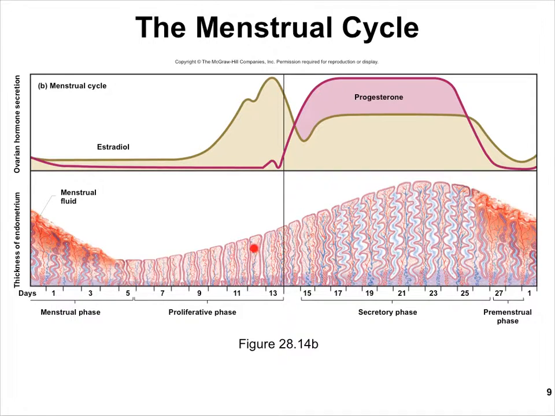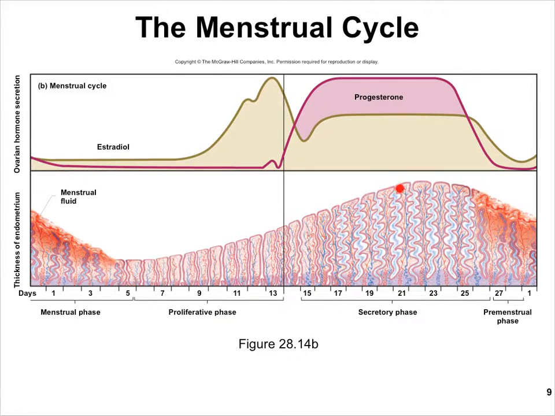The thickening during the proliferative phase is caused by cells undergoing mitosis. These are a bunch of different types of cells, but a lot of them are basically epithelial cells. And the reason why this is getting thicker and thicker is that the cells are dividing.